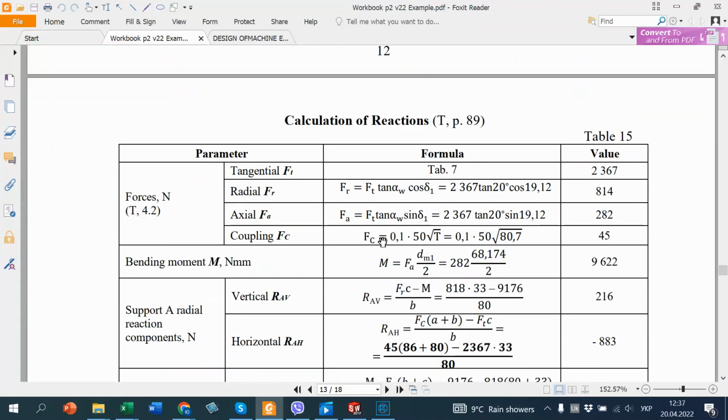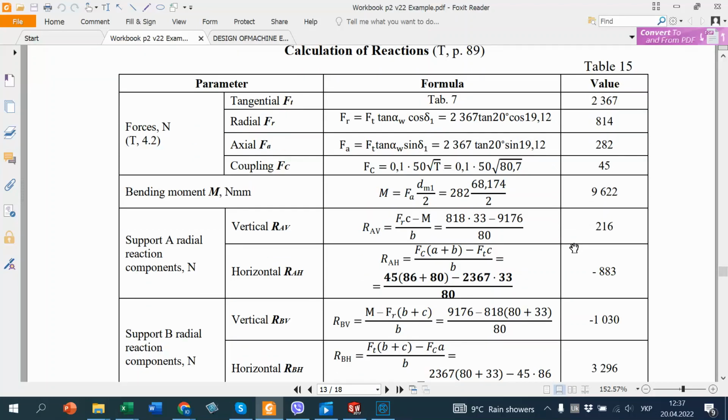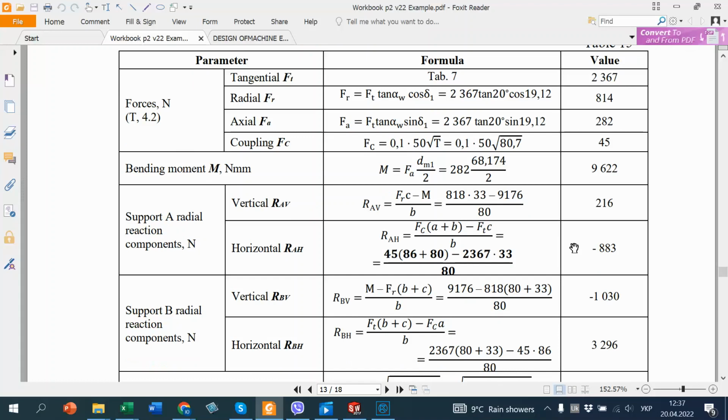Then, I said that coupling force may be calculated like this. Ready?